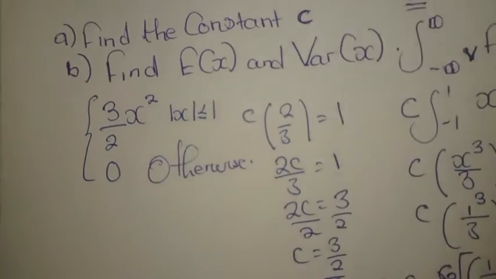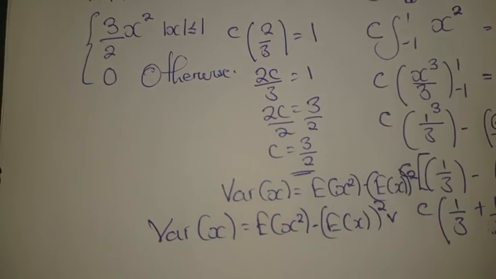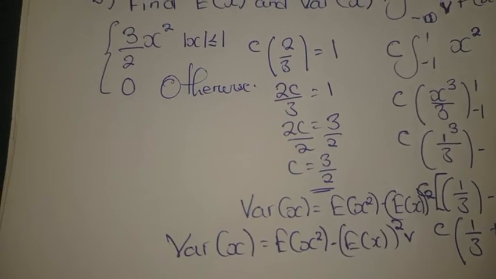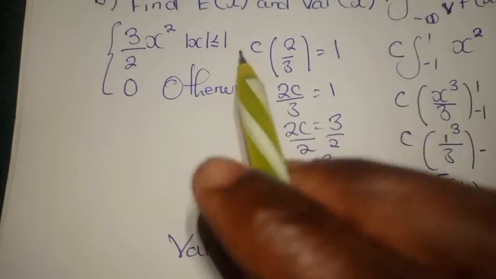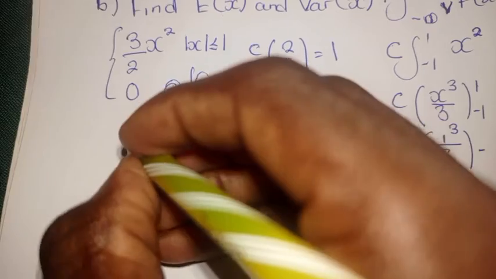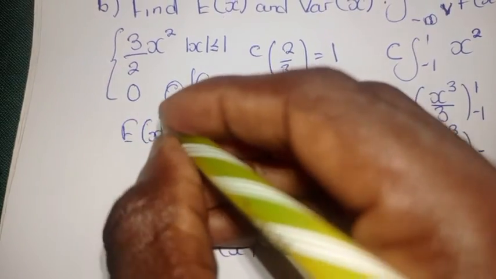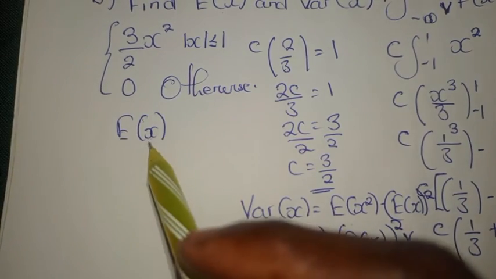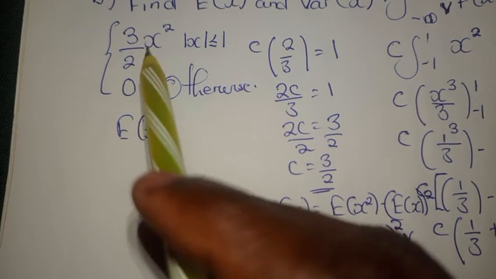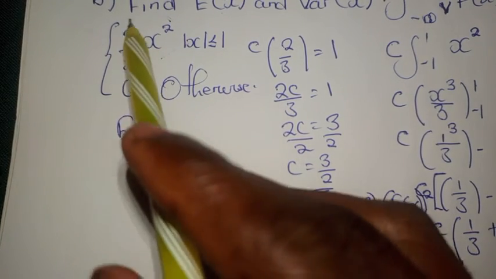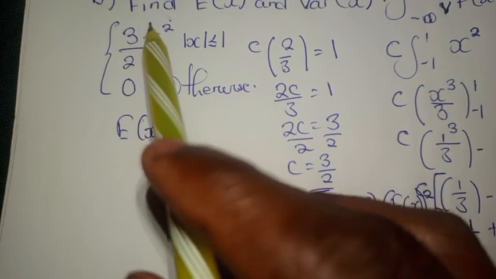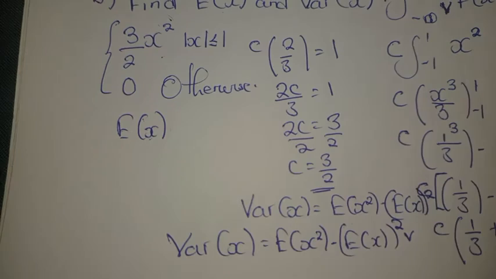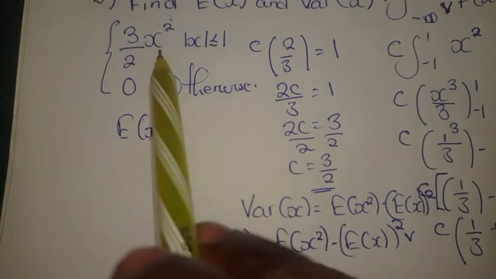So having now understood what we are dealing with, to solve the expected value of x, remember the expected value of x is where you multiply every expression that you have been given with an x. So now we need to integrate this one, but before we integrate, we need to multiply it with an x.